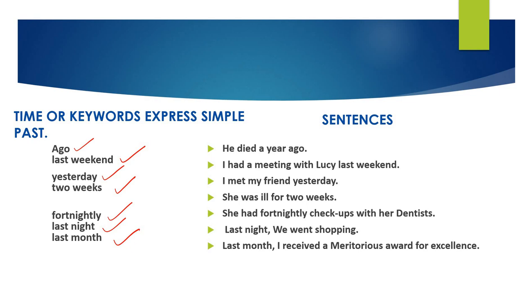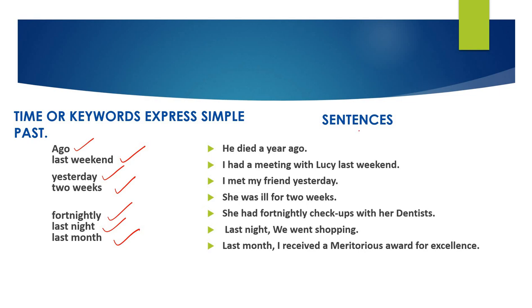It tells the time in which the action happened, right? These are the clue words or the keywords that denote the time in which the action happened. Of course, it happened in the past. So that is why the heading is given time or keywords express simple past.